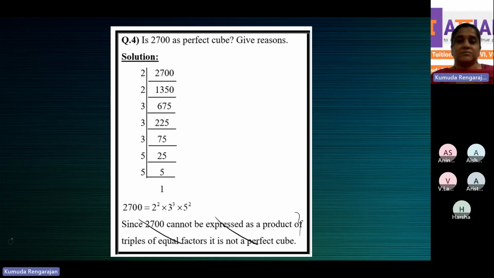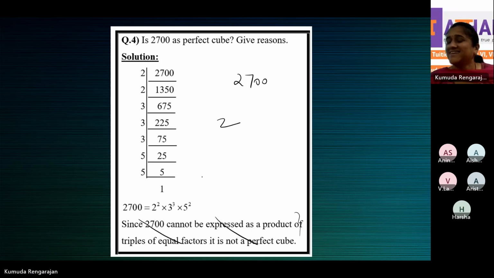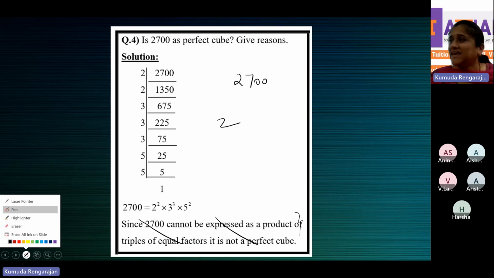What was I telling you? Yeah. You said 2,700, since it's followed by only 2 zeros, it is not a perfect cube. But that cannot be given as a reason. Because this is for at least 2 marks, you need to write something. That's an expected method. That's all it is.